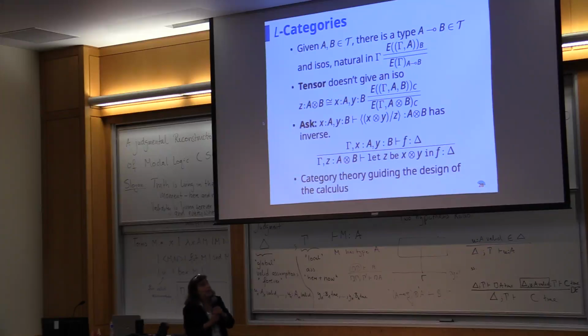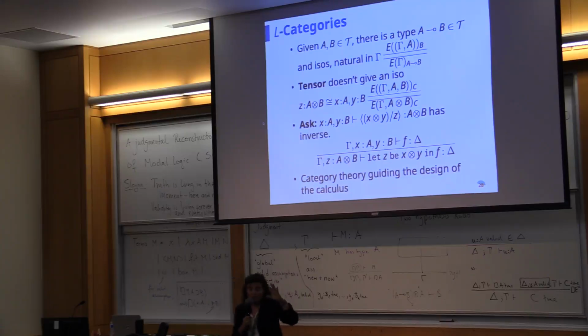And, okay, I really should explain this properly, but I don't think I can. So I'm going to just say that the category theory is really guiding the design of the calculus, because you are just trying to see how to do substitution using these complicated categorical structures.